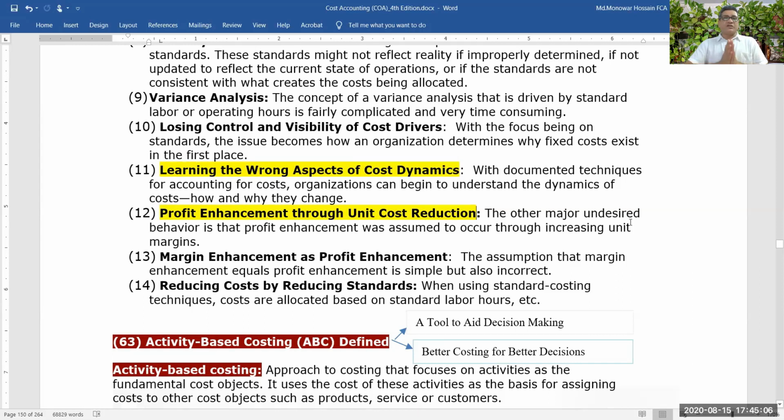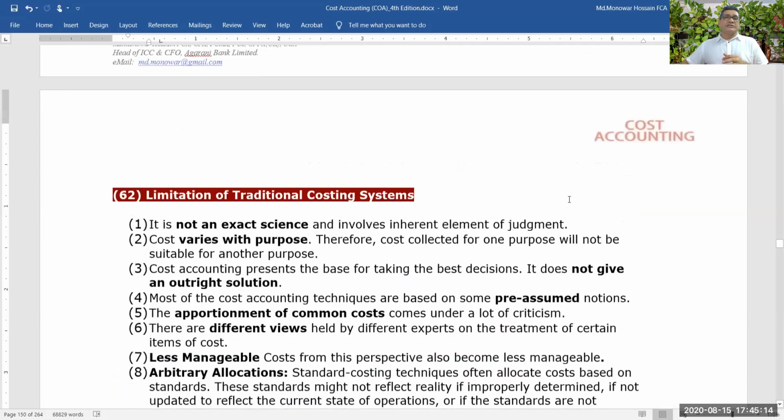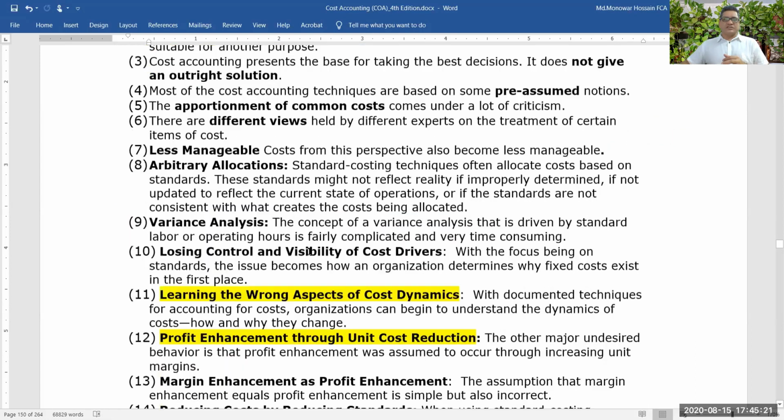When using standard costing techniques, costs are allocated based on a standard labor hour, etc. So these are the main problems or limitations of traditional costing.